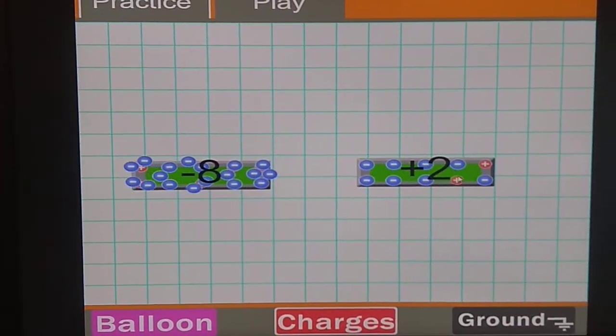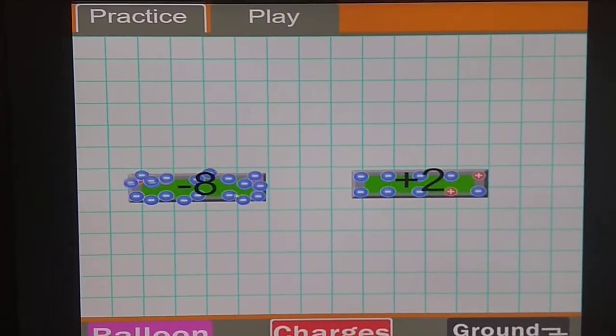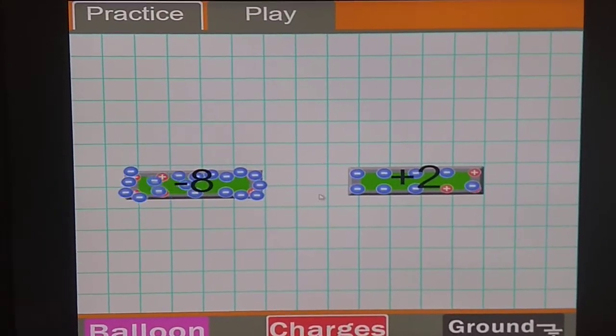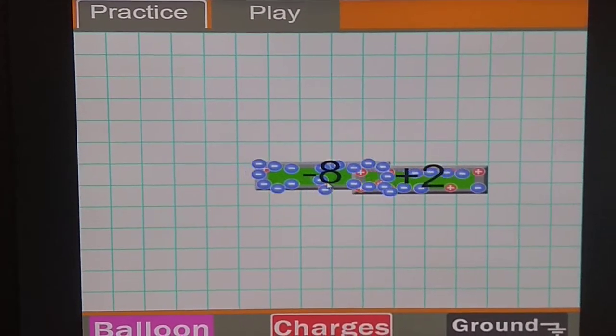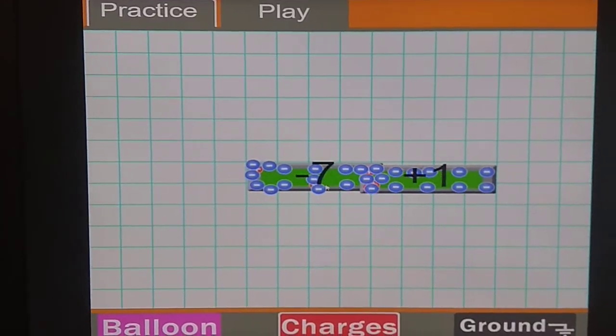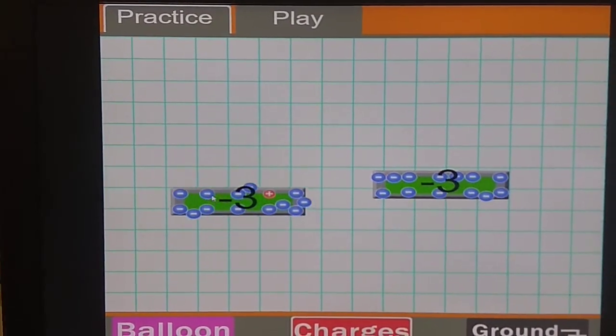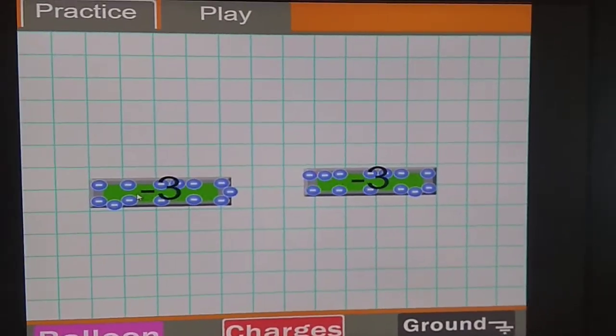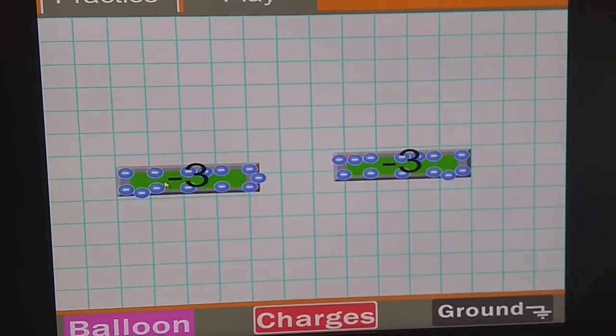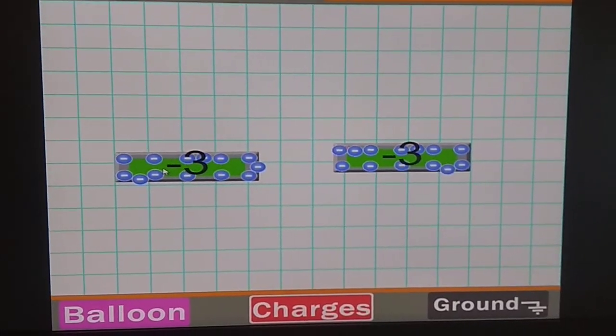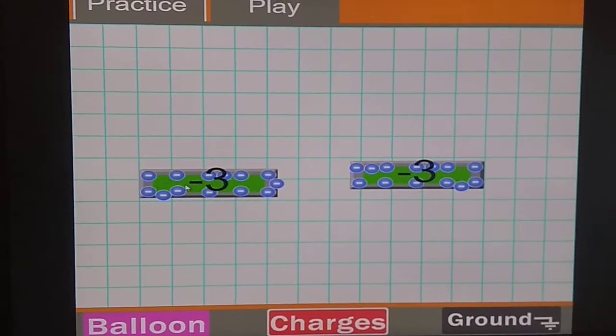More negative on the left-hand side, less negative on the right-hand side. -8 and +2. The way this should work, and you see some flow happening already, and let's see, let's do this. Notice that they both ended up with a charge of -3 E. And there's a pattern to that we're going to see in just a second. Okay?